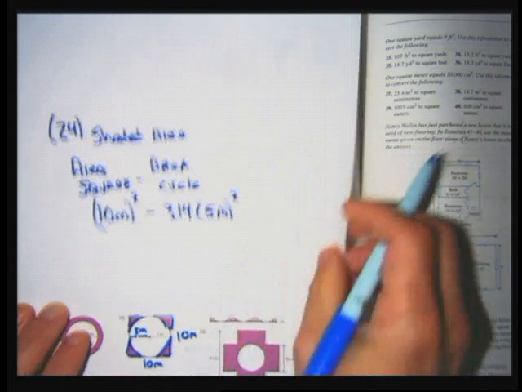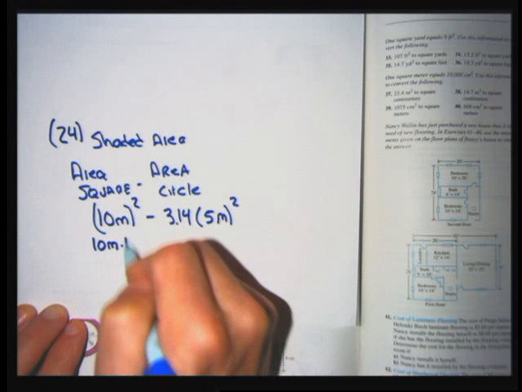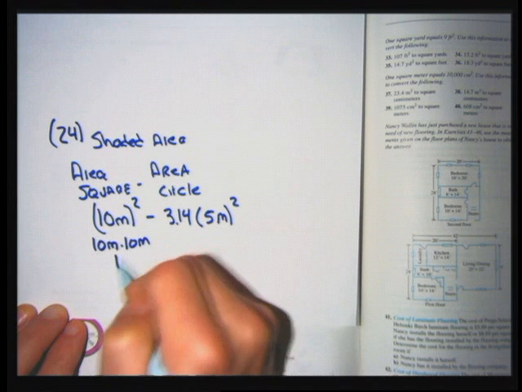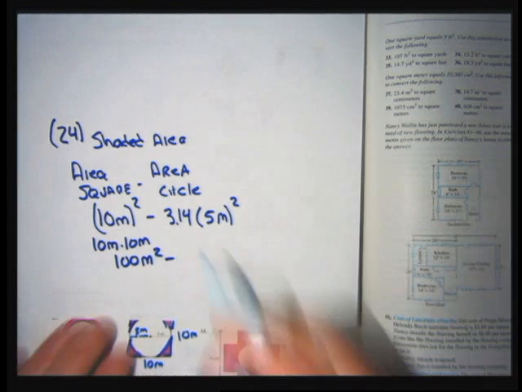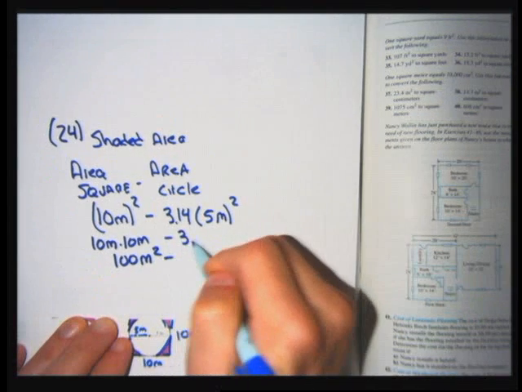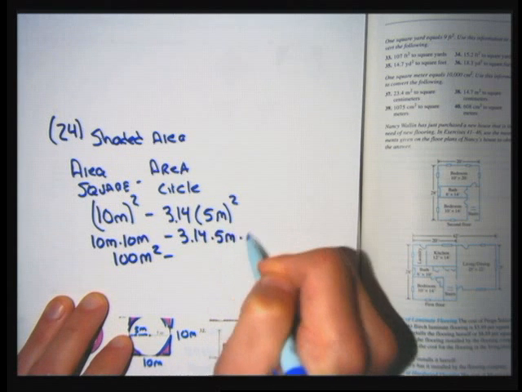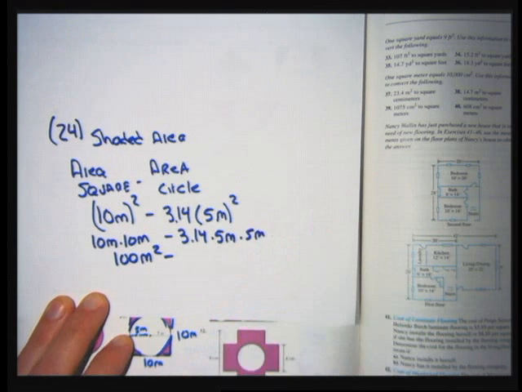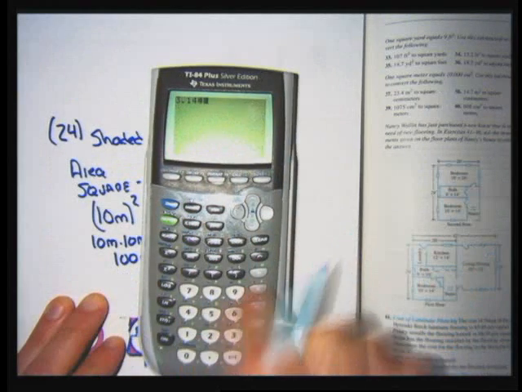If I do this computation, the area of the square, which is 10 meters times 10 meters, which is 100 square meters, minus the area of the circle, which is pi r squared, which is 3.14 times 5 meters times 5 meters. When I do those computations and subtract the results, I get the area that I'm looking for.